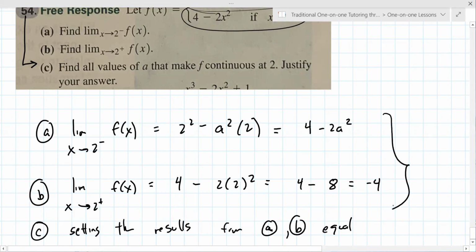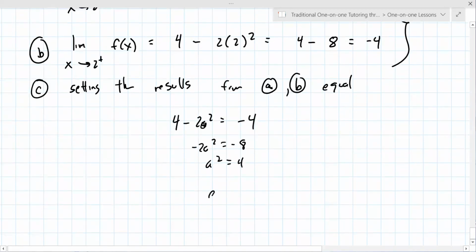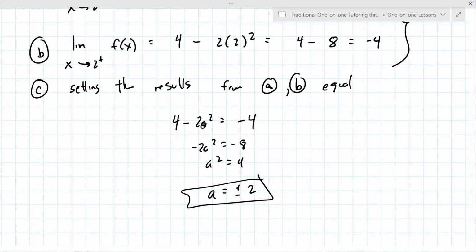So you set these equal. 4 minus 2a squared equals -4. Then you subtract 4, and you get -2a squared equals -8. Divide by -2, and then a squared is 4. It's actually 2 answers there: plus or minus 2.